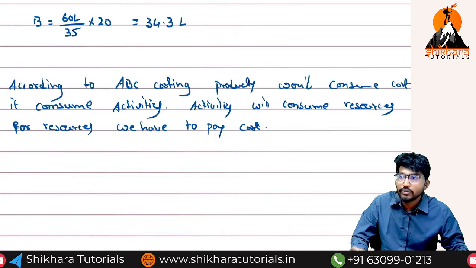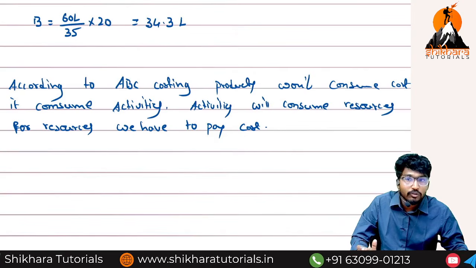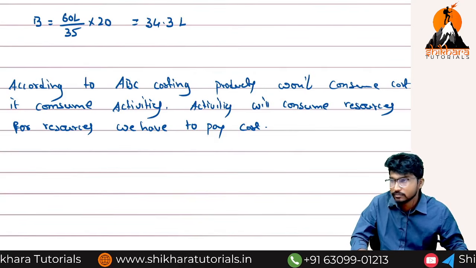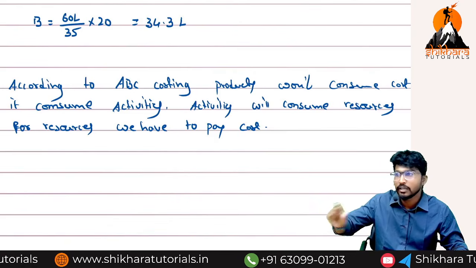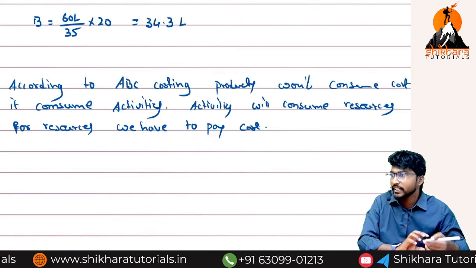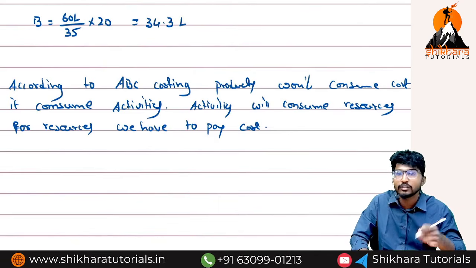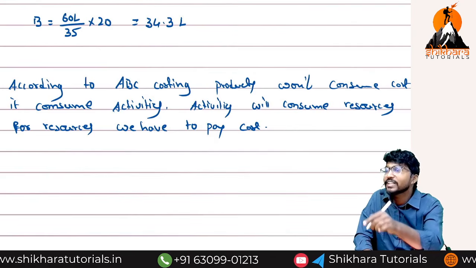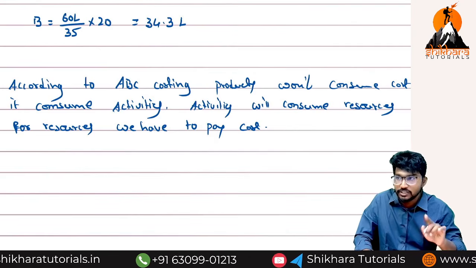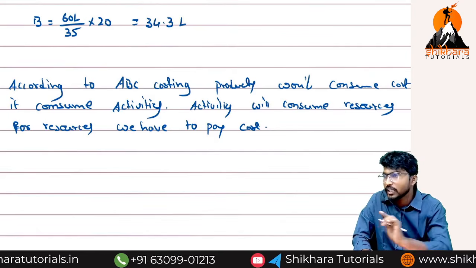That means first we have to find the cost as well as resources, for what purpose we incur the cost. Then after finding the resources, we have to link the resources to activities. For which activity are we consuming this resource? For which type of activity are we consuming the resource?